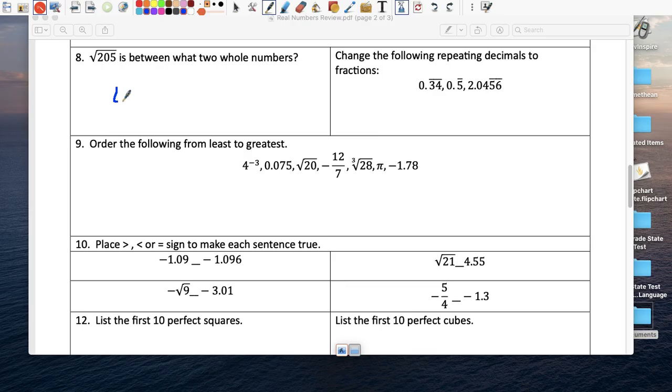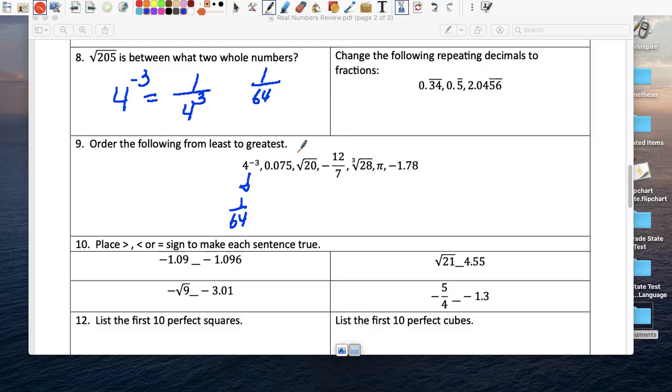4 to the negative third power, right? Remember, if it's a negative exponent, we rewrite it like this, over 1, so that the exponent becomes positive, and then that simply is 1 over 64. But I wouldn't leave it like this because I have no idea what 1 over 64 is compared to 0.075 and compared to the other numbers here.